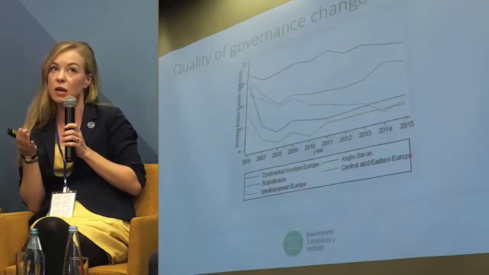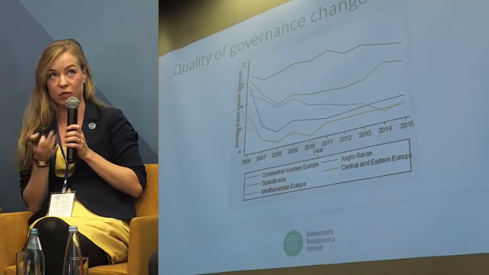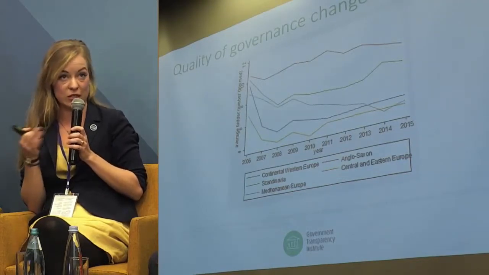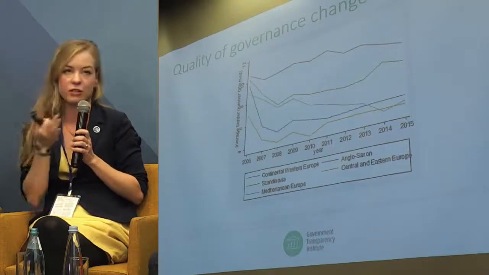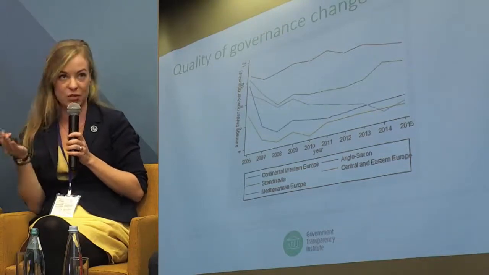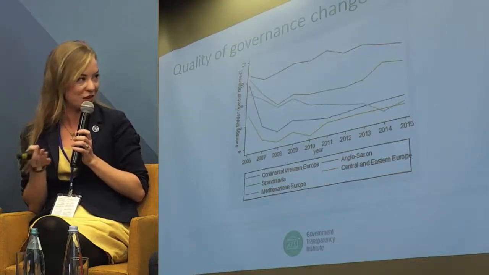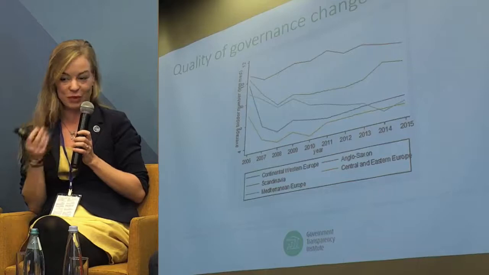Or we can use these types of analytics to compare governance quality over time and see different changes in different regions. So just some examples of the types of statistics that we can do if we have good quality data available, and hopefully it will become more and more.